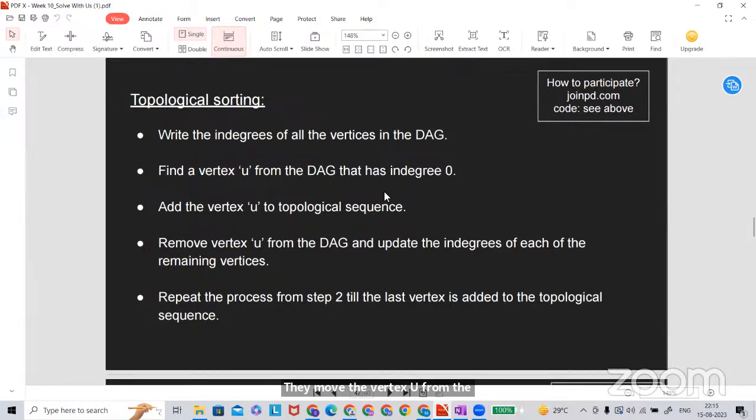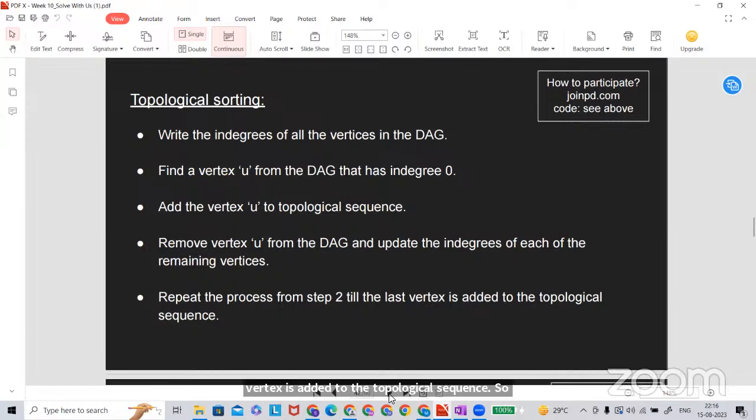Once you remove U, you have to remove the edges related to U, then update the in degrees of each remaining vertex, and repeat this process from step 2 until the last vertex is added to the topological sequence.